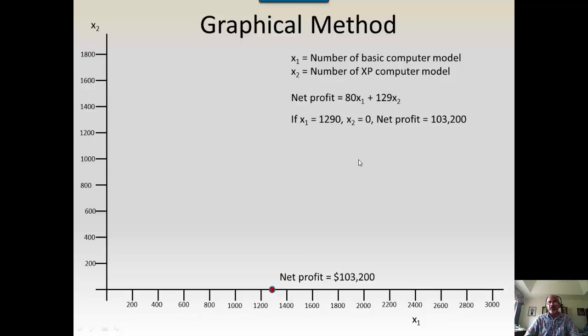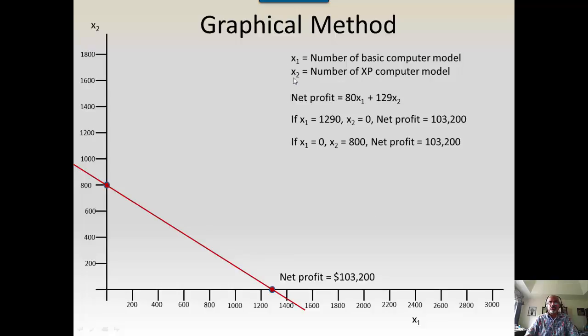And similarly, we can set x sub 1 to 0 and set x sub 2 to 800, and that will also give you the same profit, 103,200. That represents this point. If we connect these two points, that gives us the net profit as a straight line for a profit of 103,200. So any point on this line will give you the same net profit of 103,200.